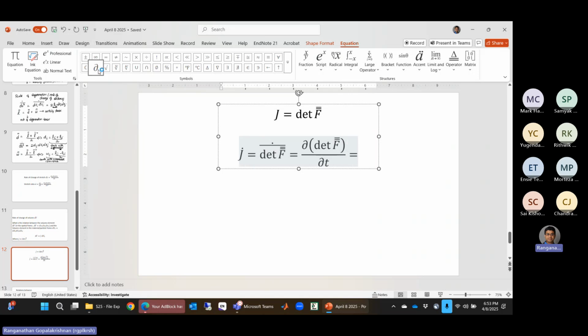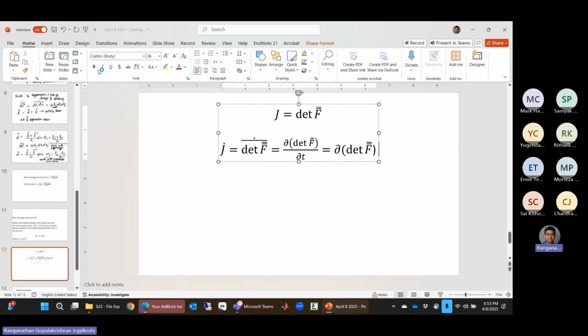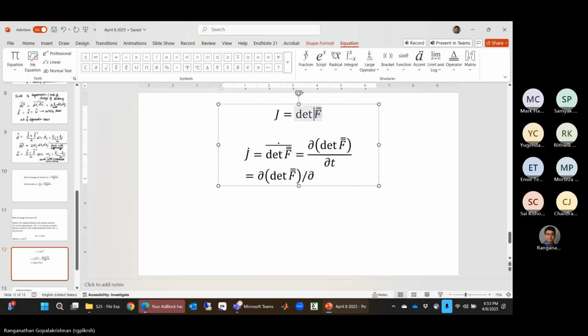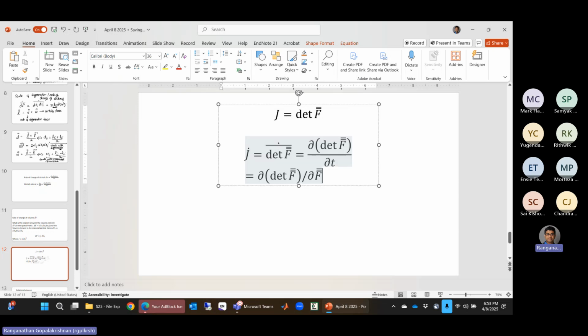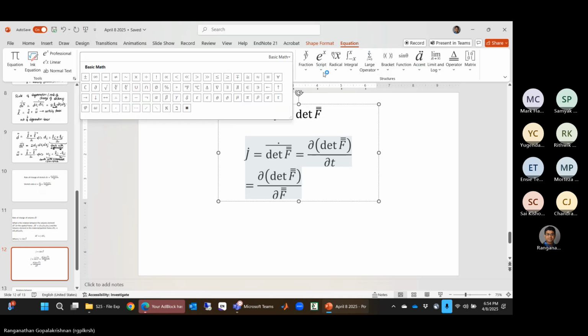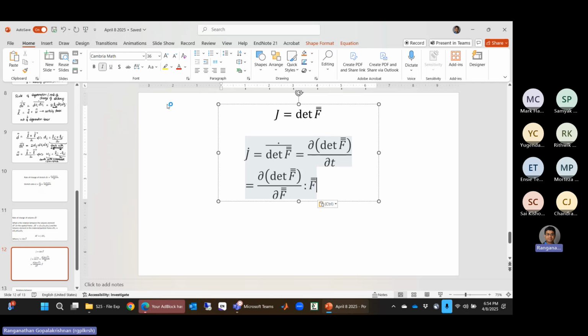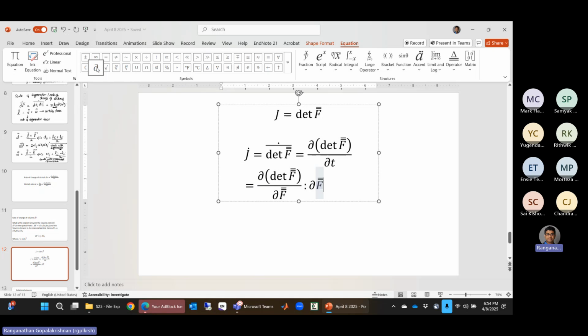So we are going to write this as the partial derivative of the determinant of F with respect to F itself, and then we want to do a double inner product, that is a double summation, with F. The end result has to be a scalar, and it shouldn't just be F, it should be F with respect to time, which we will write quickly as F dot.